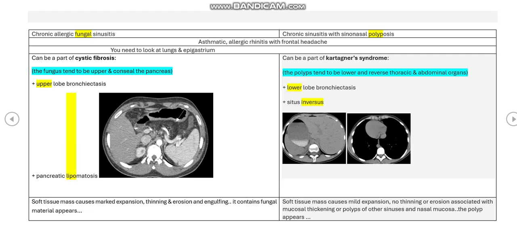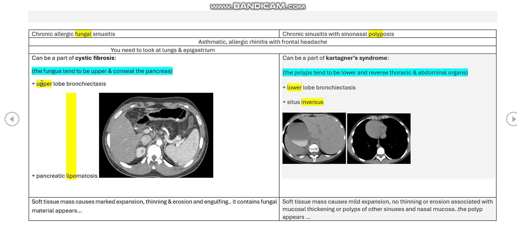Okay, so if you didn't see any parenchymal tissue, this is fatty infiltration of the pancreatic parenchyma, and this is called pancreatic lipomatosis. Okay, and pancreatic lipomatosis increases the possibility of cystic fibrosis.